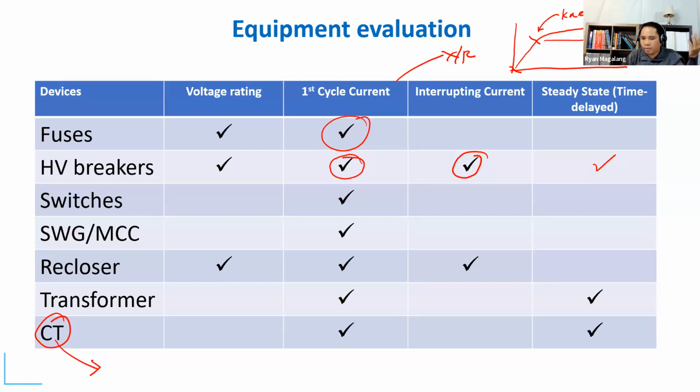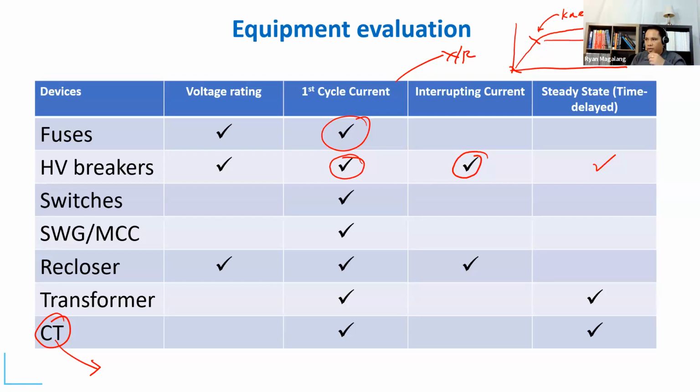It's not linear anymore, meaning you're giving false information to your relays. Because what is a CT? A CT is just the eyes and ears of your relay.